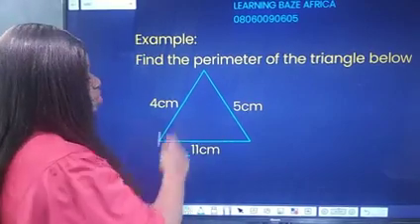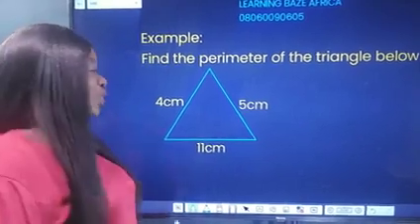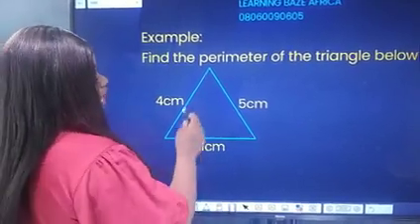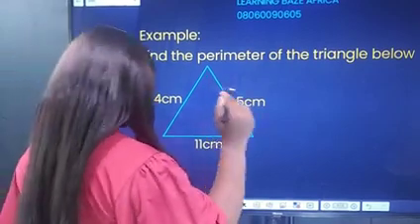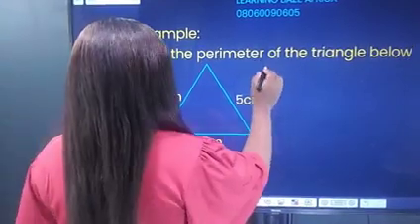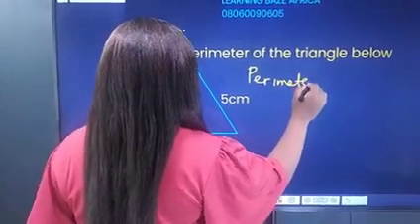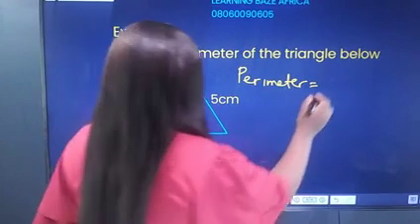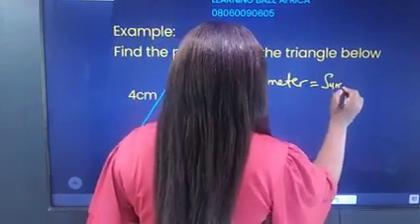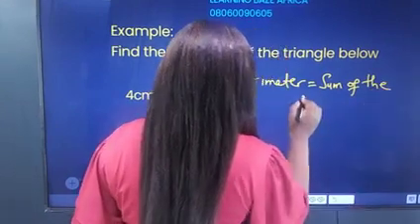So when all the lengths of the 3 sides are different, it is known as a scalene triangle. So to find the perimeter of this triangle, the first thing you need to do is to write down the formula. So that is perimeter is equal to sum of the 3 sides.